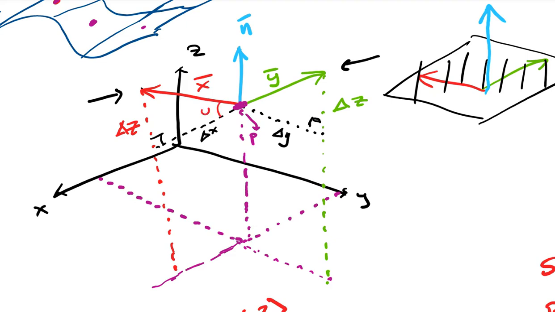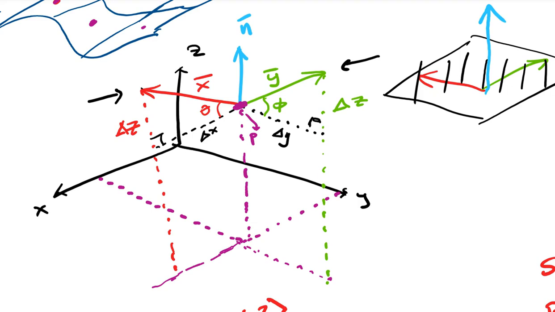That theta is the angle that the vector is pointing up over the horizontal. This other angle, let's call this one phi, is the angle that y is above the horizontal.